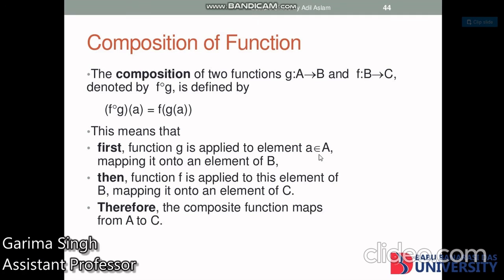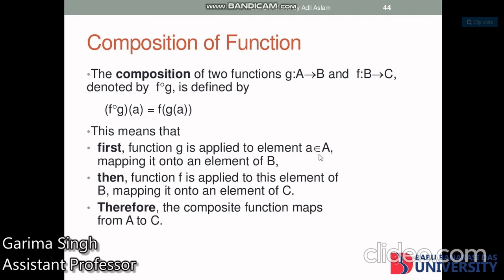Composition of functions. The composition of two functions g, A to B, and f, B to C, denoted by f of g, is defined as this equation. This means that first function g is applied to the element a belonging to set A, mapping it onto an element b.